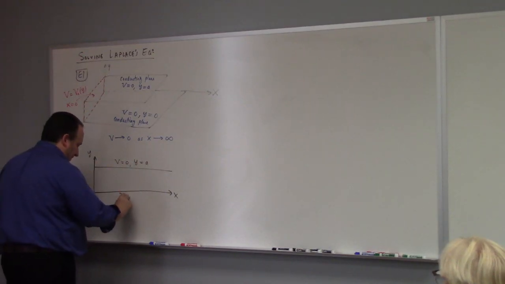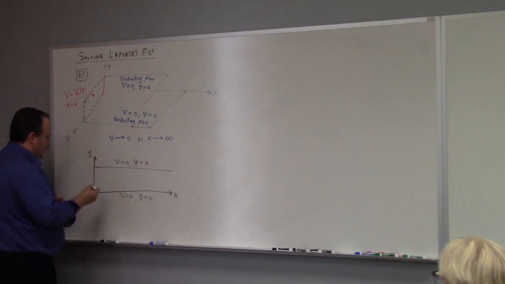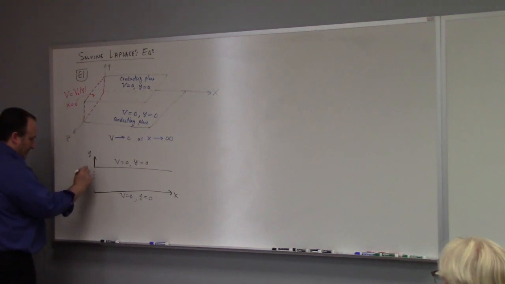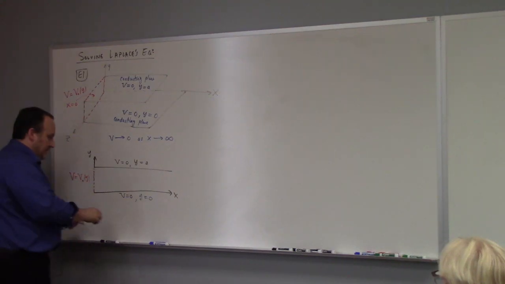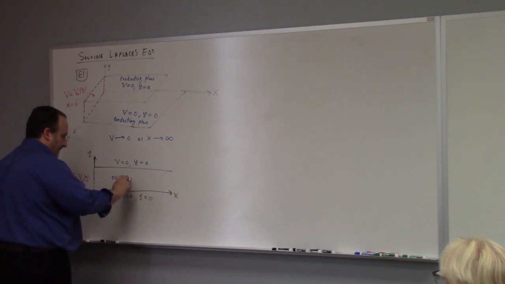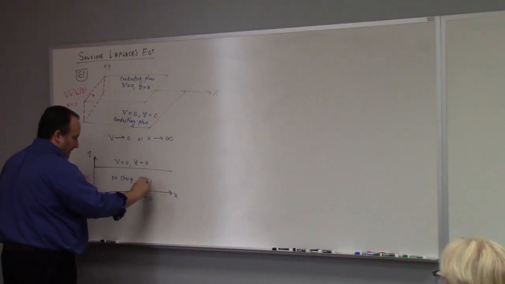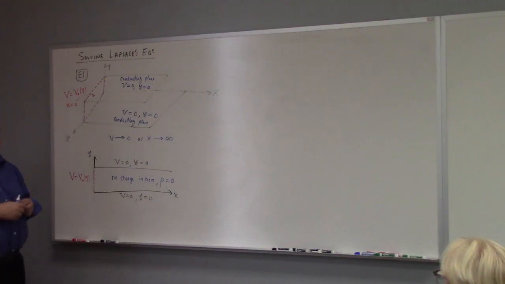We've got V equals 0 down here. And then over here, we've applied a voltage on that boundary, which is a function of y. And to be clear, no charge in here. The density is 0 between the conducting plates.